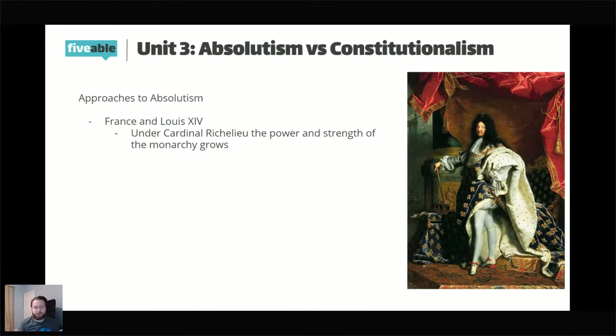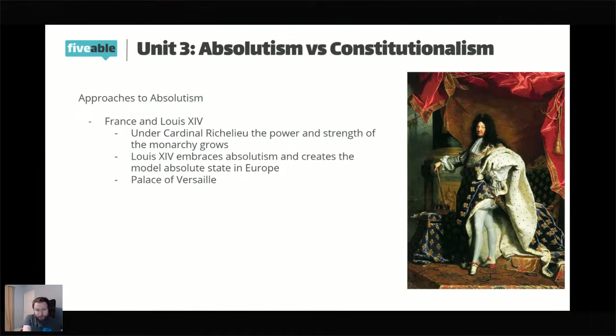Cardinal Richelieu is going to focus on not only strengthening the power of France, but more specifically strengthening the power of the monarchy. And he's going to do this in a lot of different ways, by curbing the power of the nobility, by curbing the power of the Habsburgs. Okay, but this is going to set up Louis XIV in a really good state to be able to expand his absolute power and create a model absolute state in Europe.